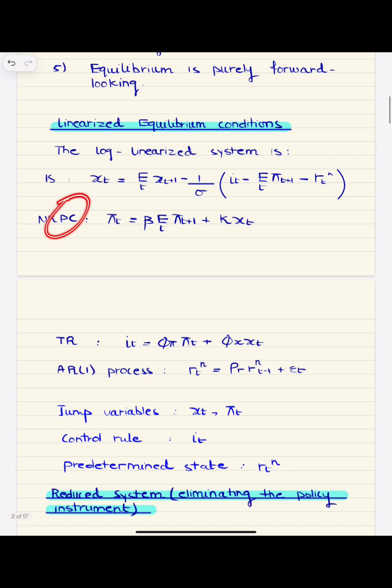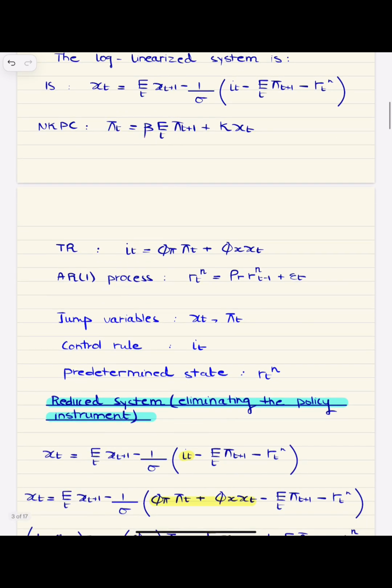The Phillips curve is also forward looking because current inflation depends on expected future inflation. The Taylor rule is just a policy rule. It shows that if inflation rises above the target, then you should increase the interest rate. And if output goes above its target, you should increase the interest rate.